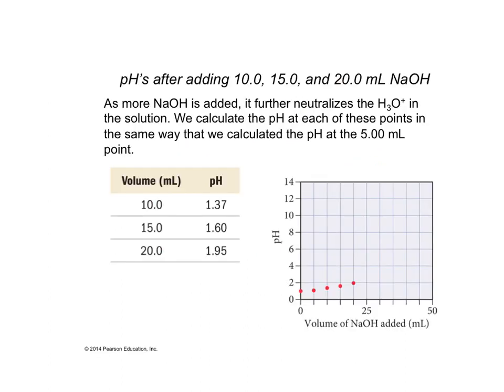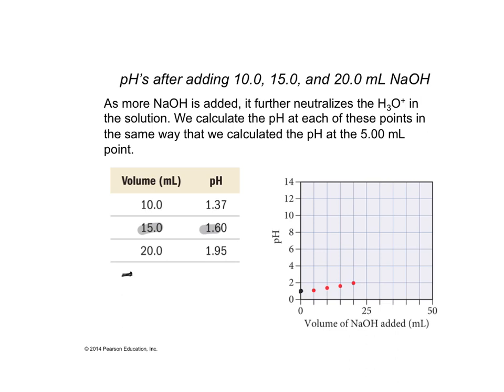Okay, so we can continuously do that. We calculated the pH of this titration at 5 mL, and we calculated it at 15 mL. But for any point between the initial pH, which we calculated, and the equivalence point, which we've also already calculated, the same method applies.